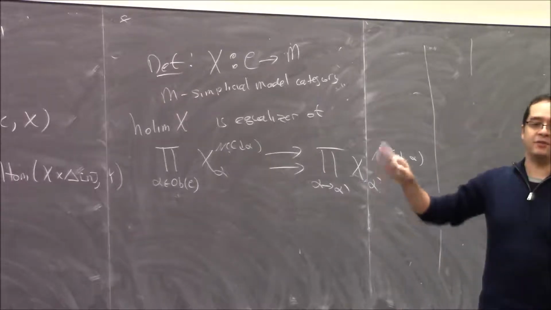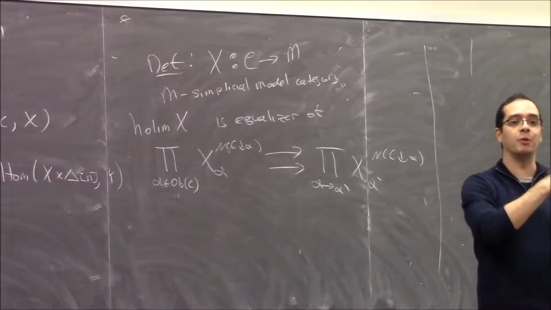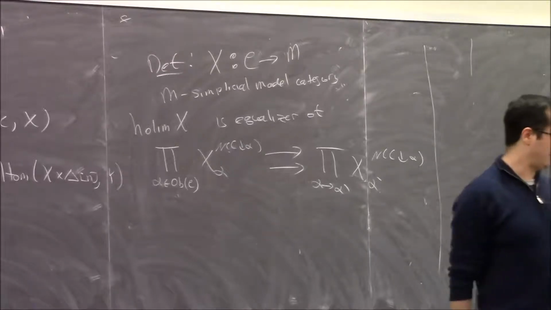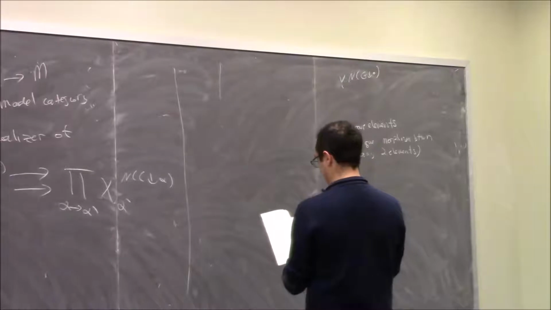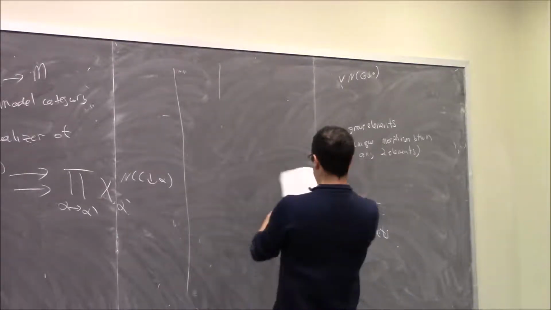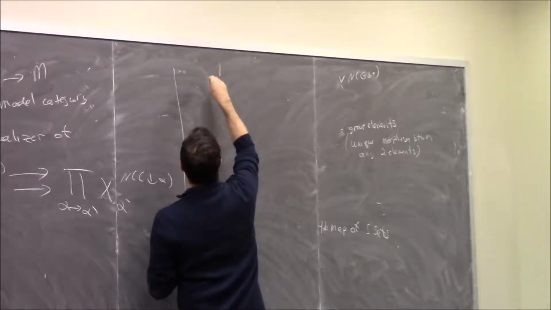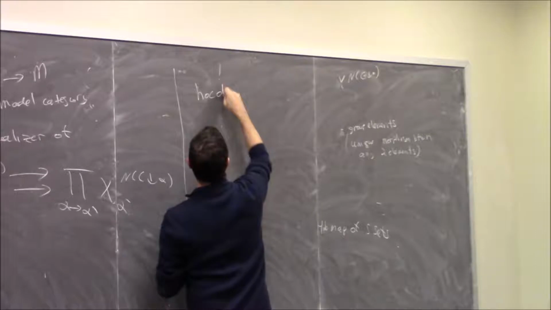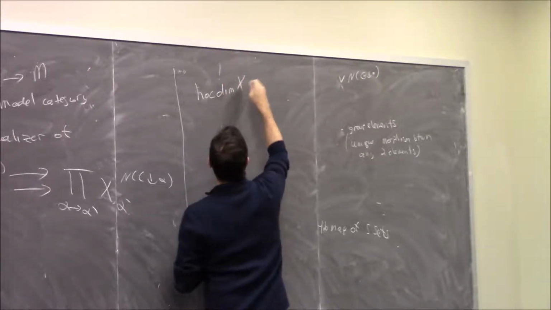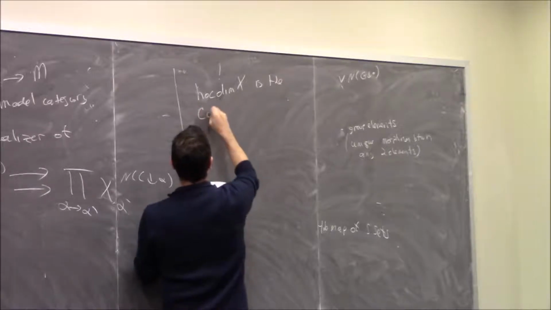We didn't use tensoring, but for tensoring you need to define the homotopy colimit. Maybe I'll write that down. So the homotopy colimit is the coequalizer.